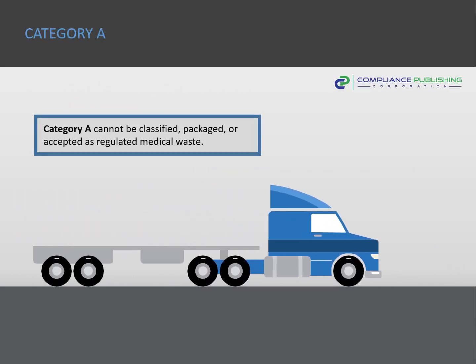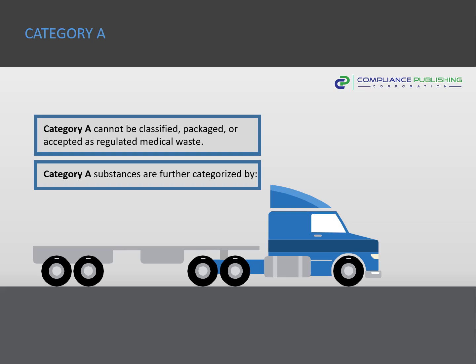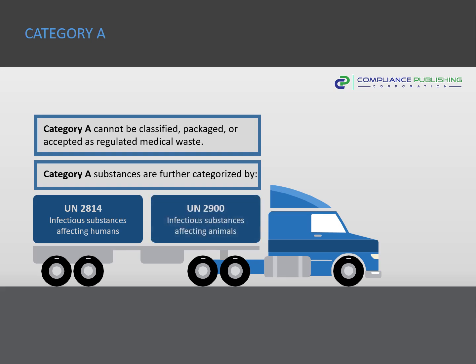Category A cannot be classified, packaged, or accepted as regulated medical waste. Category A substances are further categorized by UN 2814, infectious substances affecting humans; UN 2900, infectious substances affecting animals.